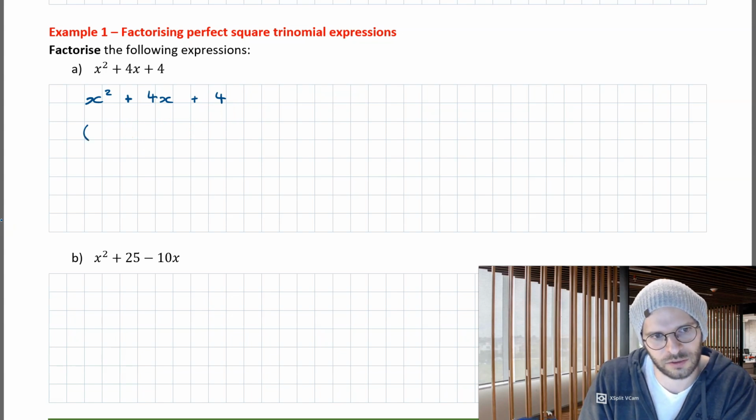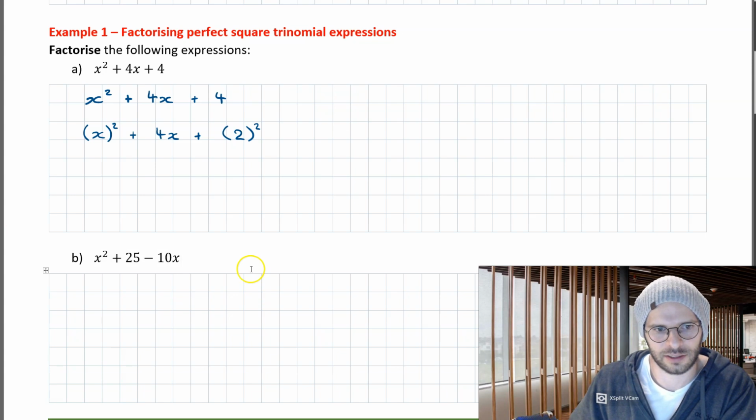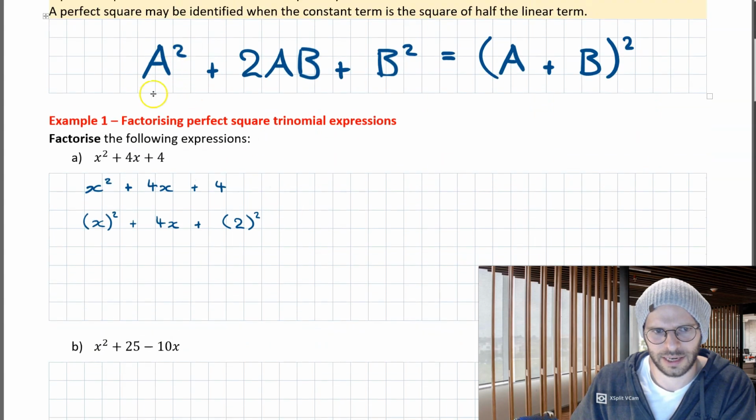Doing the first one, it's just x in brackets and then squared, 4x, and then the square root of 4 is 2. So I can rewrite it like this. So far it's looking like it could potentially be a perfect square. So a squared, x squared, b squared, 2 squared.